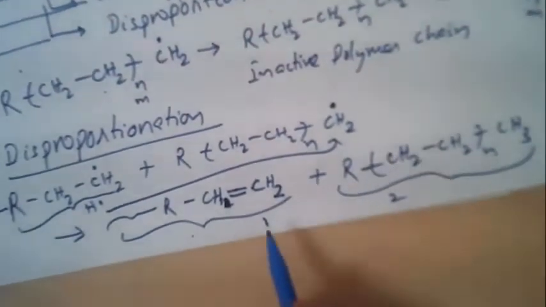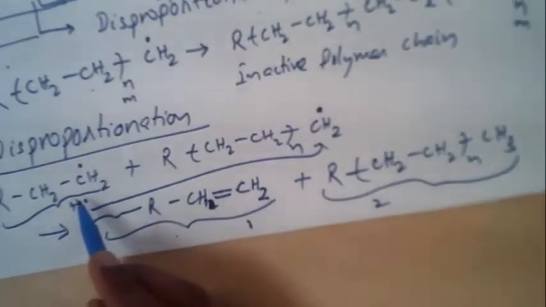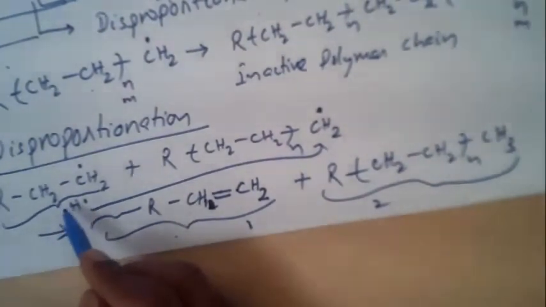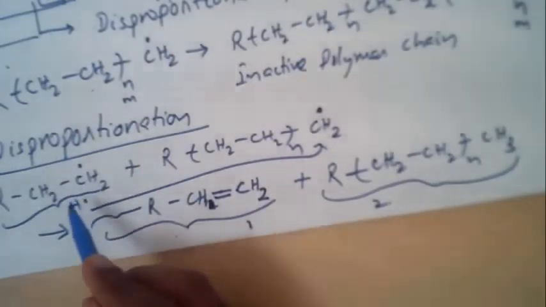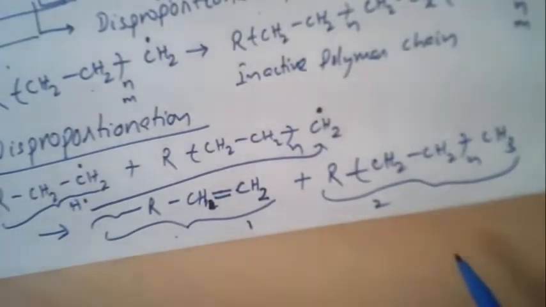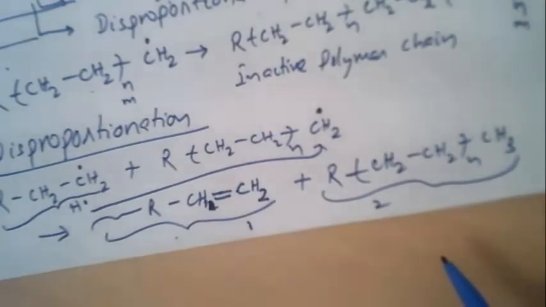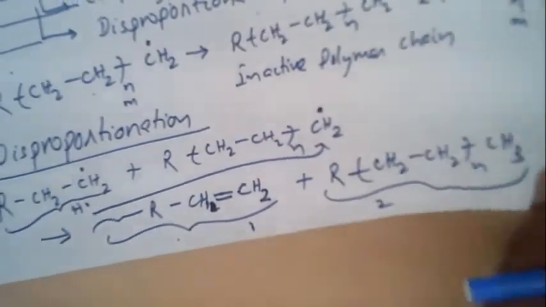And in disproportionation, only a transfer of a H electron, H dot, will happen. Okay, so this is what disproportionation reaction.